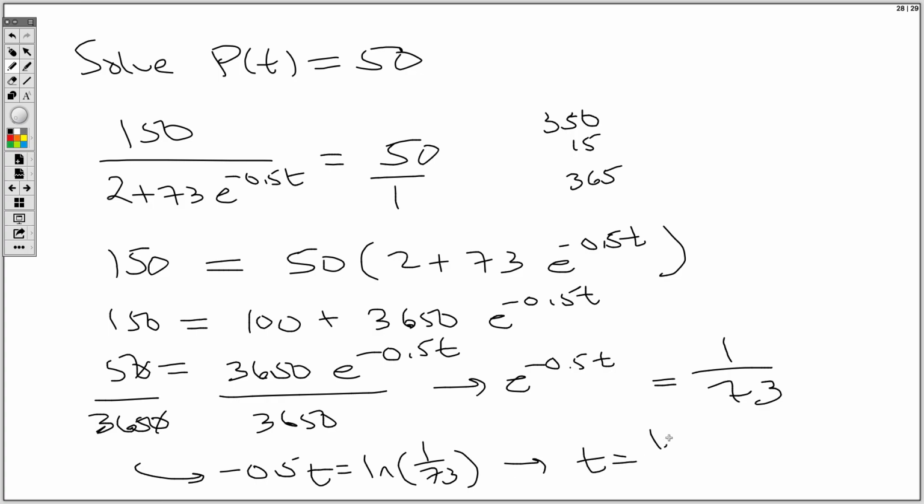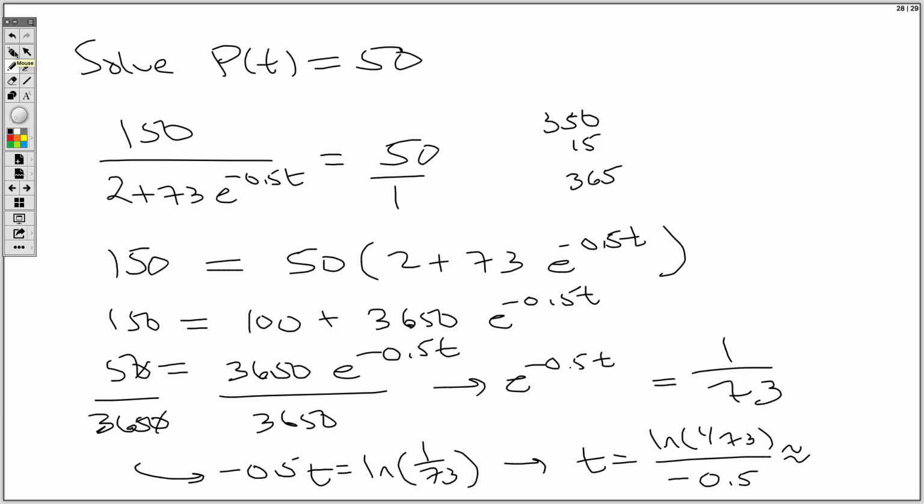So t is the natural log of 1 over 73 divided by negative 0.5. And once again, don't worry, because what's inside the natural log there is negative. So negative divided by a negative is going to be a positive.